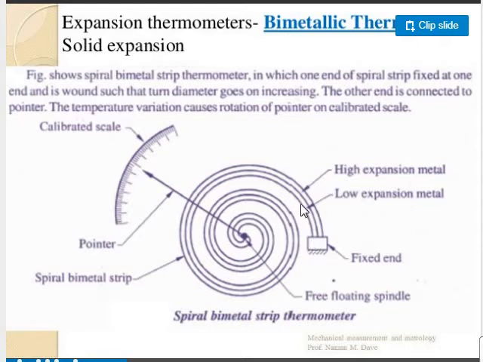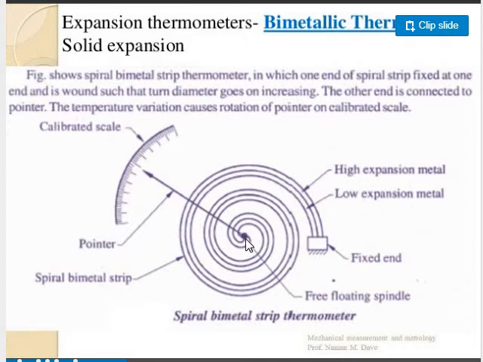And in the bimetallic strip, as we know, one will be a high expansion metal and the other one is a low expansion metal. So this spiral bimetallic strip is fixed at one end, and as a spiral it is placed in the construction, and on the other end we can see that we have a free floating spindle which in turn is connected to a pointer.